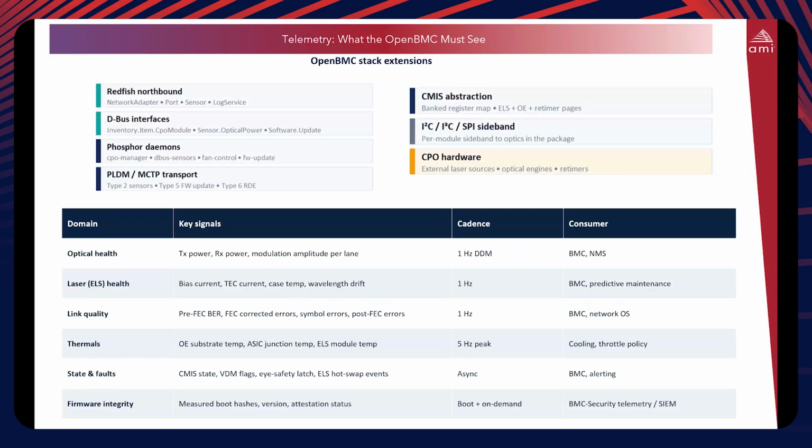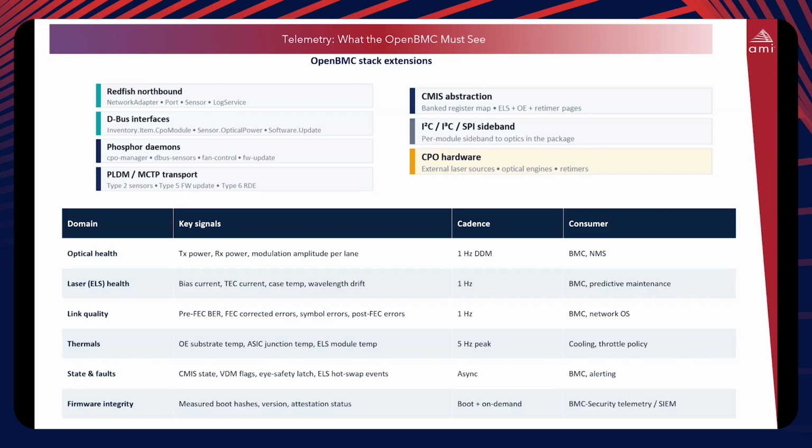Going back to the next slide. If you look here, this is what we see: what does the BMC have today, and what is to be extended? Again, this is OpenBMC, not the BMC, OpenBMC. What is the extension that we see, right? If you have to plug a CPO management into the OpenBMC, these are the things we'd like to see.